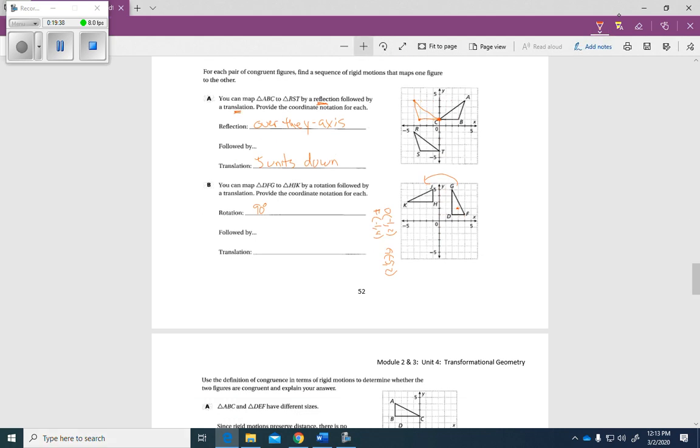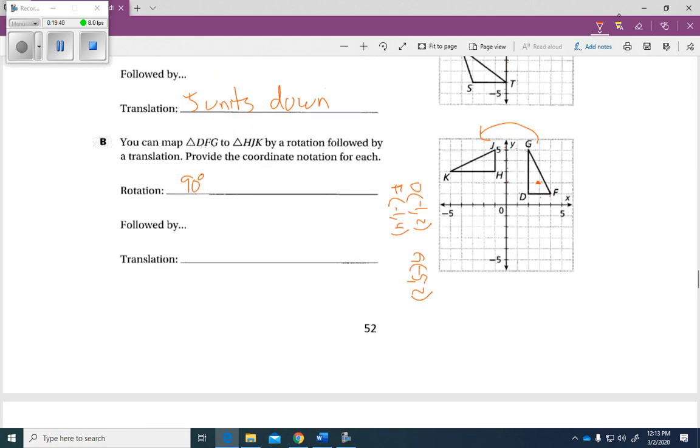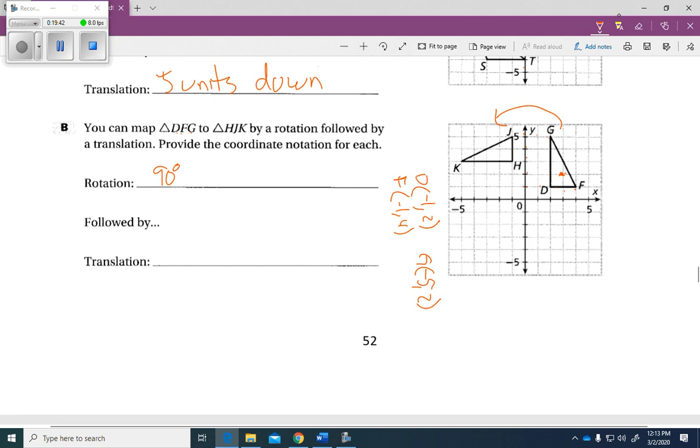I'm going to plot those points that I just wrote down. Remember, you can use your transparency if you don't like all of this turning of the paper. If I plot -1, 2, it's here. That's D prime, I guess I'll call it. Negative 1, 4 is F prime.